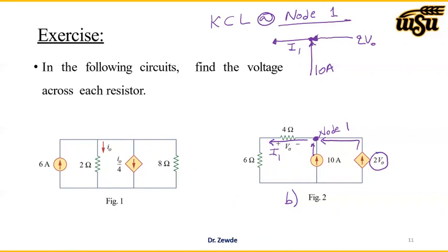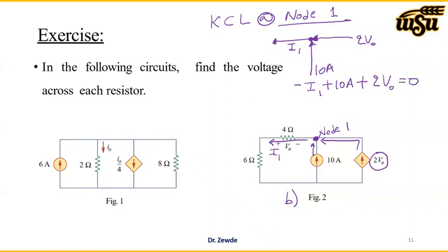So if you write the KCL, I1 is leaving, so it should be negative, so minus I1. The 10 amps enters, so it should be positive 10A, plus 2 V0 enters, so it should be plus 2 V0, equal to 0.